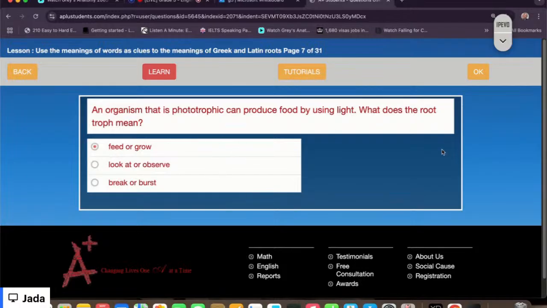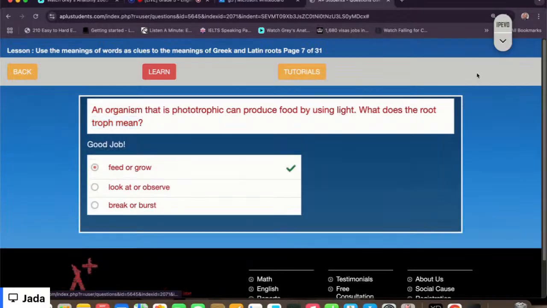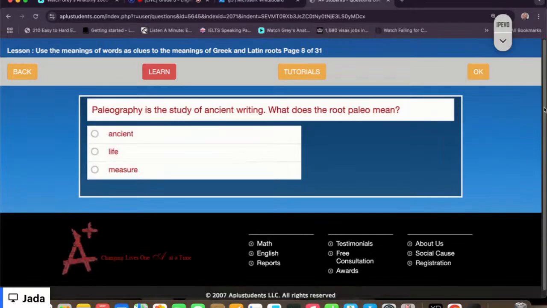Okay, so we have what? Feed or grow. Alright, that's it for our lesson under Greek and Latin roots.